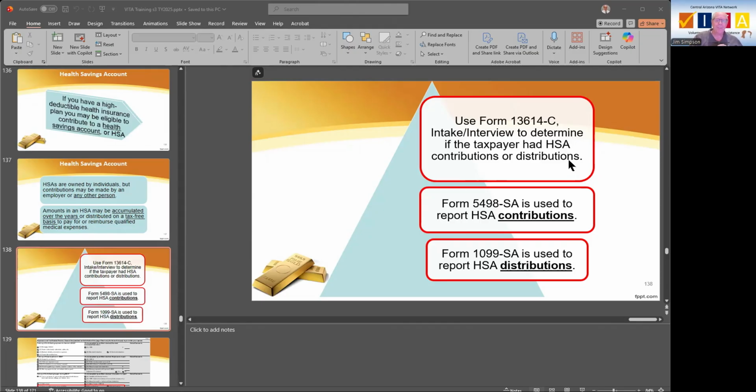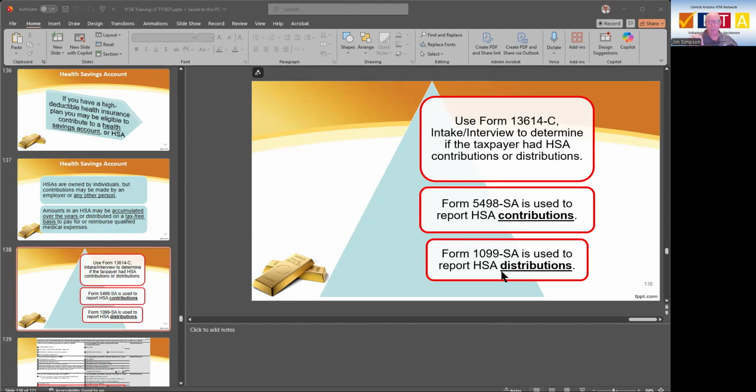Now, if they have been making contributions or getting money out of it, they will have received one of these forms, or probably both: a 5498-SA that reports contributions, and a 1099-SA that reports distributions from the health plan. We need both of these forms, okay?